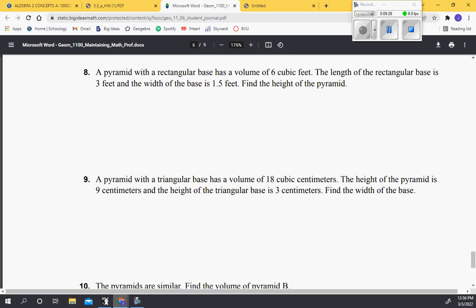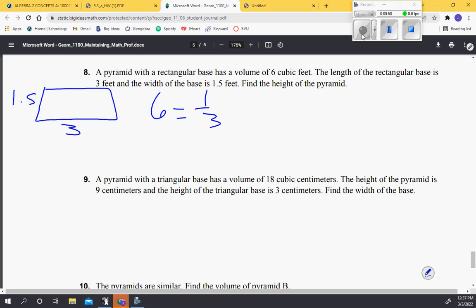Next, a pyramid with a rectangular base has a volume of 6 cubic feet. So they give us the volume. The length of the rectangular base is 3 feet, and the width of the base is 1.5. So I'm going to actually draw this. Okay, the length is 3, the width is 1.5.